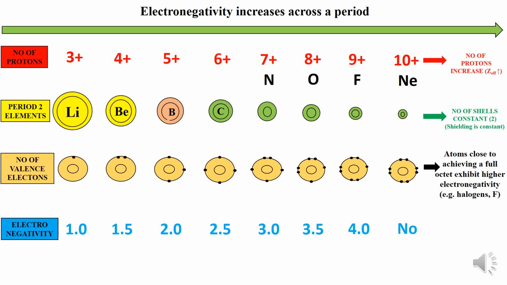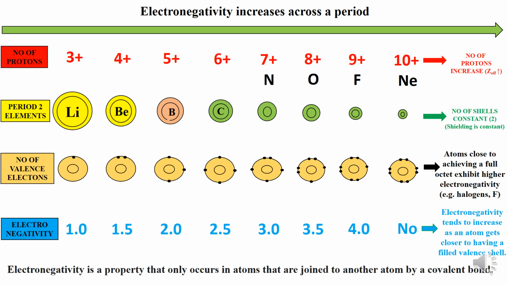And remember, electronegativity is a property of a bonded atom. So you can assign the electronegativity value to only those elements which are associated with another atom in a chemical bond. So electronegativity tends to increase as an atom gets closer to having a filled valence shell.